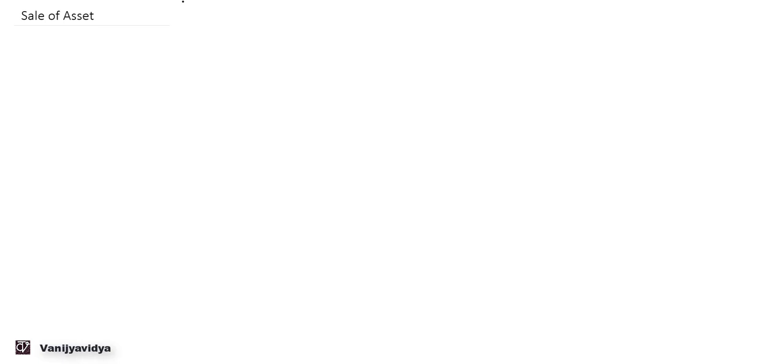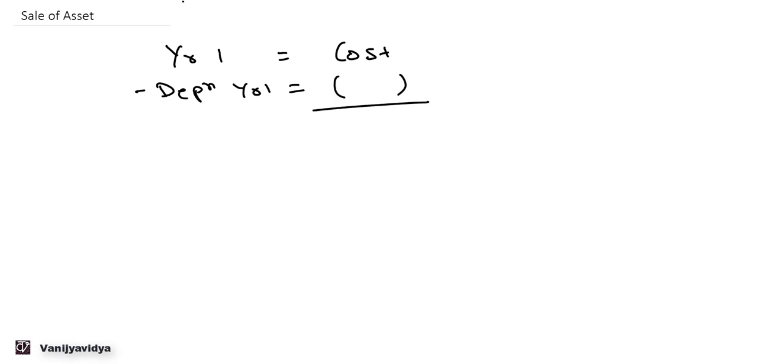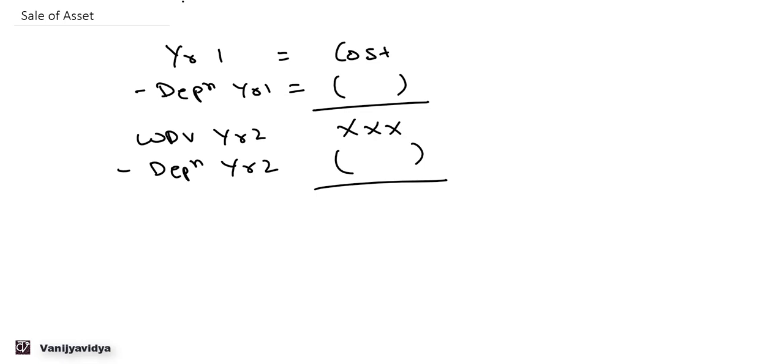For example, say an asset is purchased in year 1, this is the cost, then this is the depreciation for year 1, and then we arrive at a WDV at the beginning of year 2. Then we reduce depreciation for year 2 and we arrive at a WDV at the beginning of year 3.